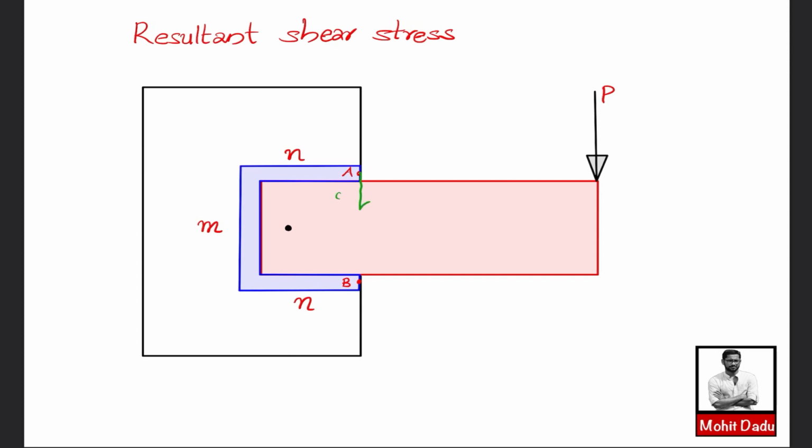I'll take A first. At this location the primary shear stress is lying in this direction and its value is tau 1A, and at B it is tau 1B.